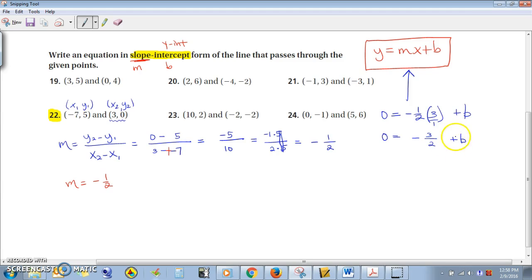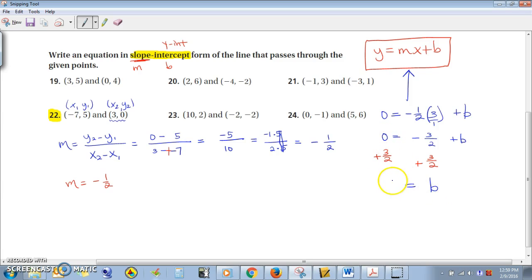And then to get b by itself, I just need to add 3 over 2 to each side of the equation. Negative 3/2 plus 3/2 adds to 0. And 0 plus b is b.